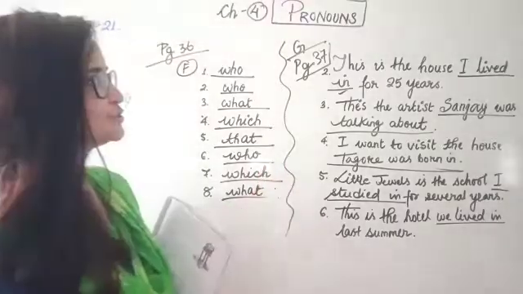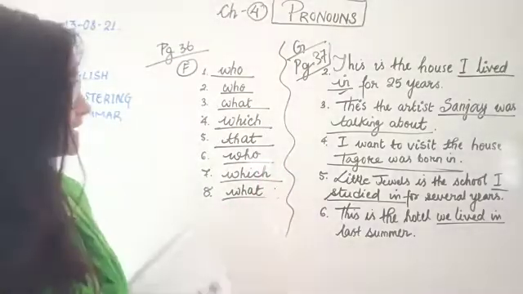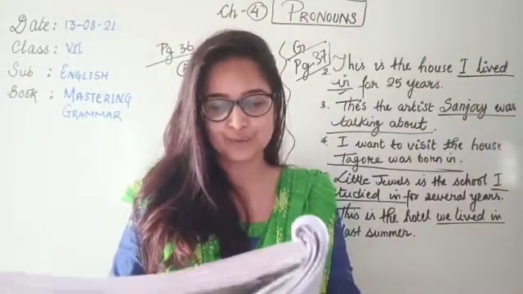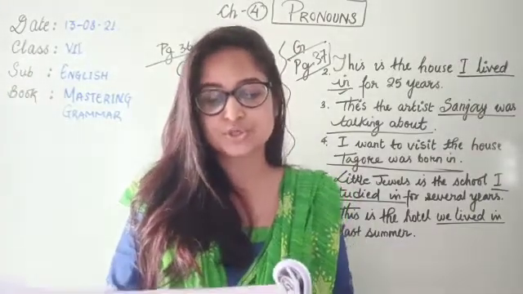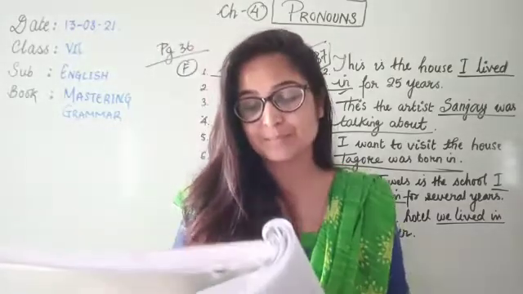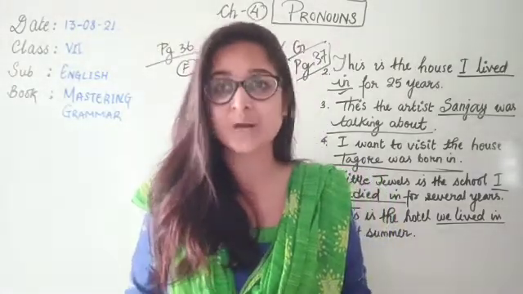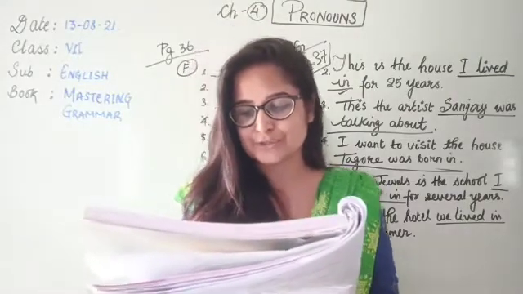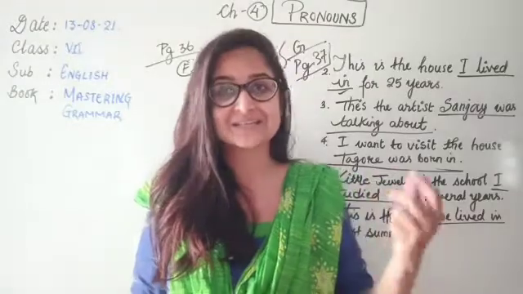So this is it, children. G exercise is done. Now let's move ahead with the position of the relative pronoun. The relative pronoun should be placed near the noun or pronoun. You should remember it should be closer to the antecedent it refers to, that means the antecedent it is representing.